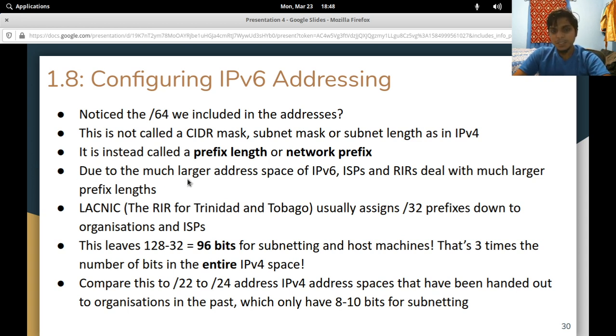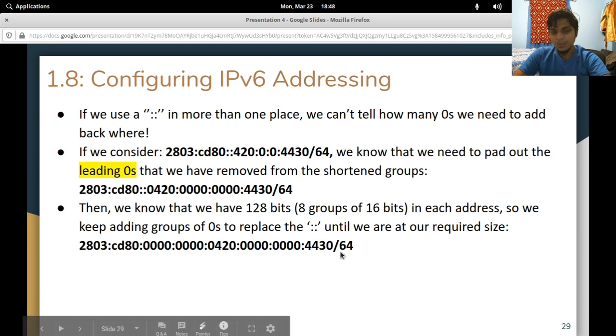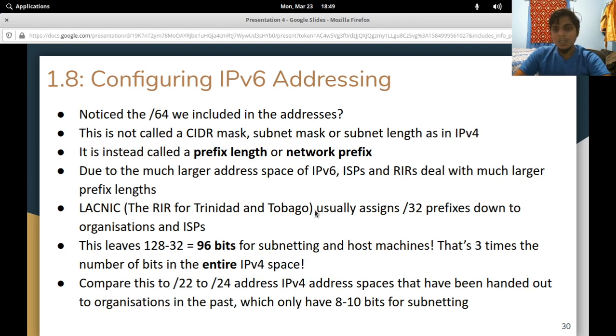Due to the much larger address space of IPv6, ISPs and regional internet registries deal with much larger prefix lengths. Of course we have 128 bits here, right? Before, our subnet mask was like /24, /25, /26. Now we have something like a /64 because we have 128 bits to deal with. So these prefix lengths are obviously going to be much larger.